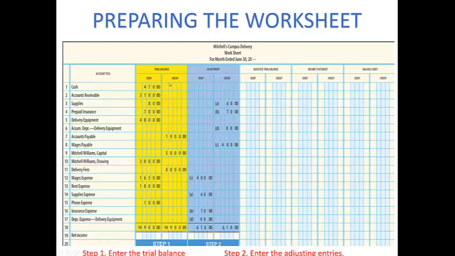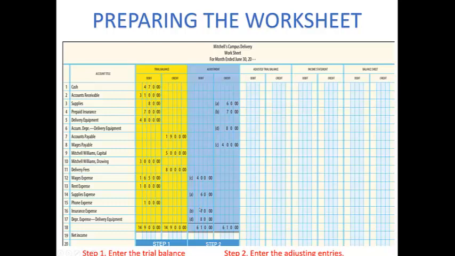So here are the first 2 steps. The first column is the trial balance, and that would be completed just as any trial balance would. We would go to the general ledger and enter the balances at the end of the period. The second part is to enter the adjustments. Now notice we have entered the adjustments for the adjusting entries that we just went over. So remember, the first one we debited supplies expense and credited supplies.